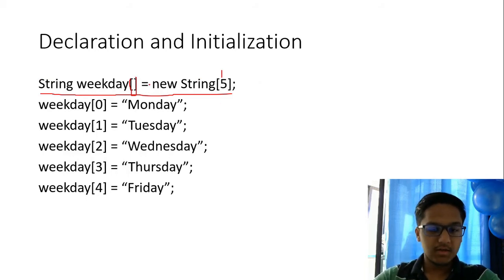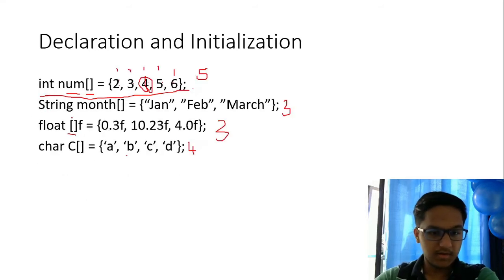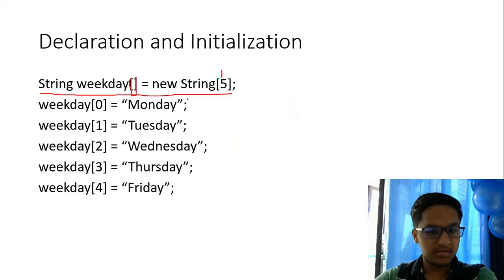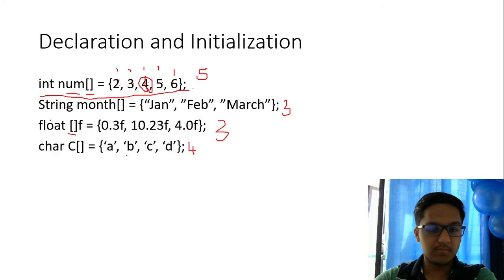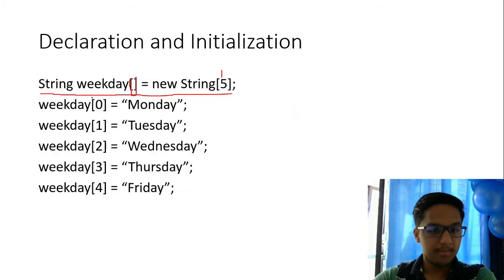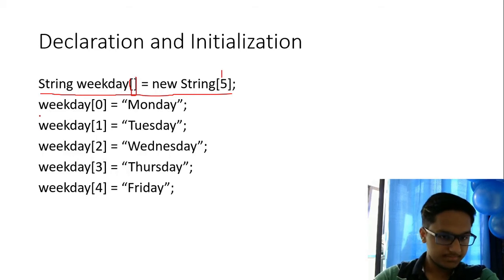We later initialize all of these values as Monday, Tuesday, Wednesday, Thursday, Friday. What we could have done, like in the case of string month, is string weekday equal to Monday, Tuesday, Wednesday, Thursday, Friday. That way we could have done it in one line. But this way, you will understand what the index of the array is all about.